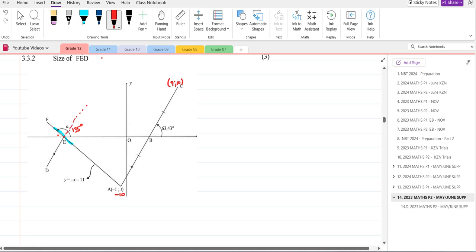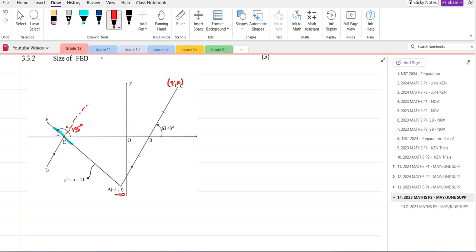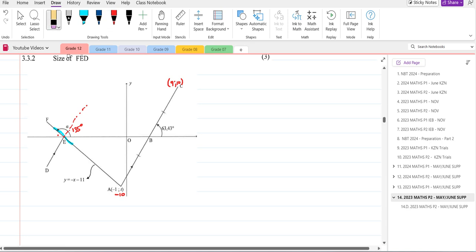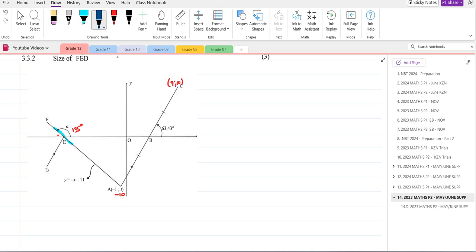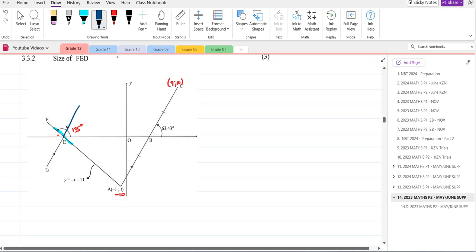That's the angle of inclination here. Then I can do vertically opposite from here to there. Can I do vertically opposite? Let me extend this line further up. So is this vertically opposite?